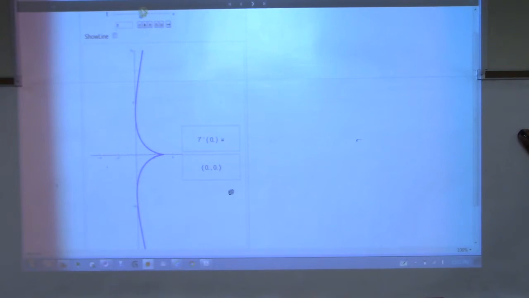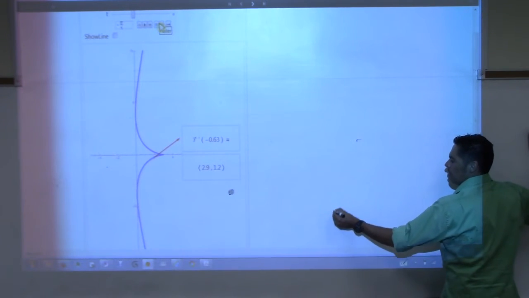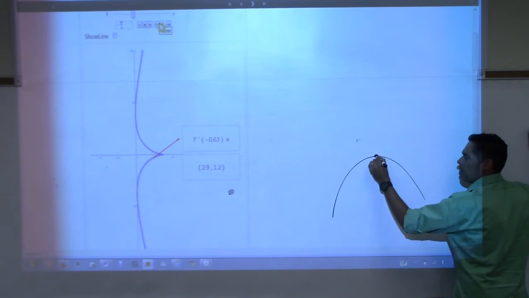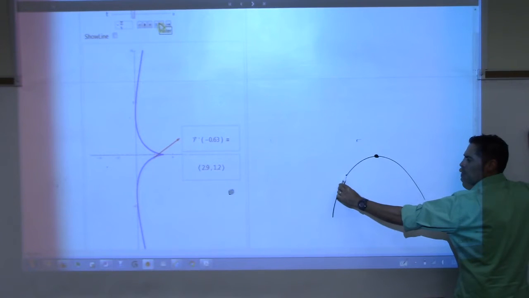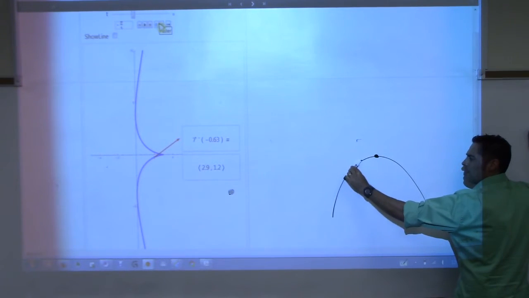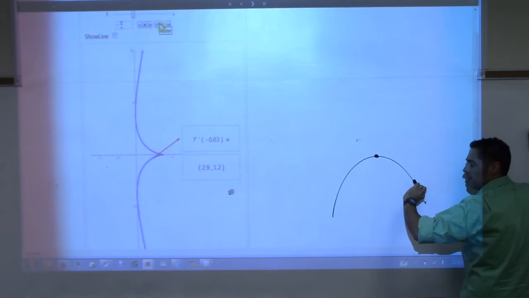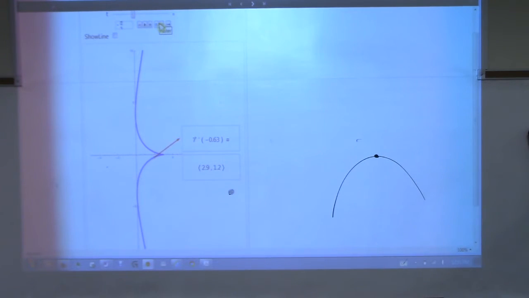And this is kind of interesting because when we were in Cal 1, when we were up here, the slope of the tangent line was what here? Positive, positive, positive, then it went to what? 0, and then it went negative, right? But when we're talking about vectors, think about the direction of this vector here.